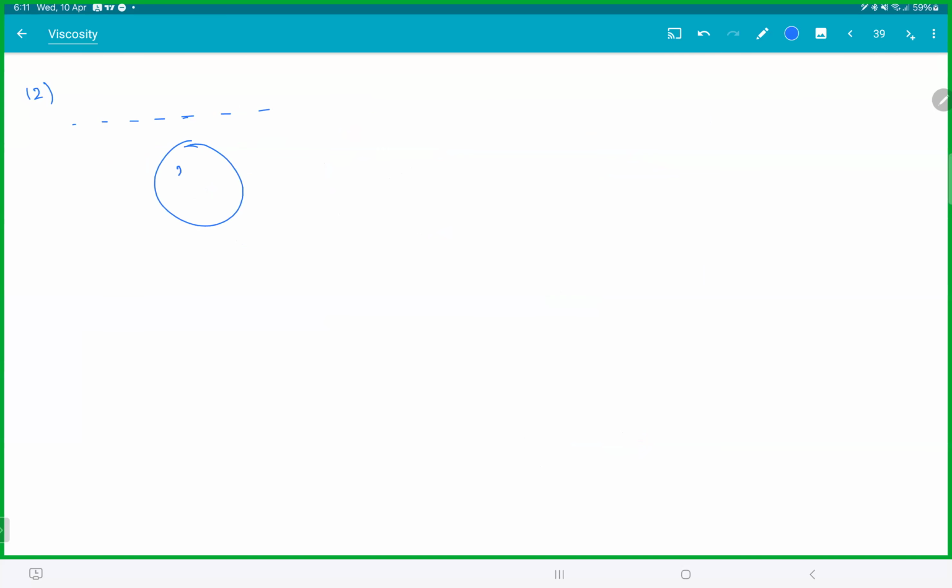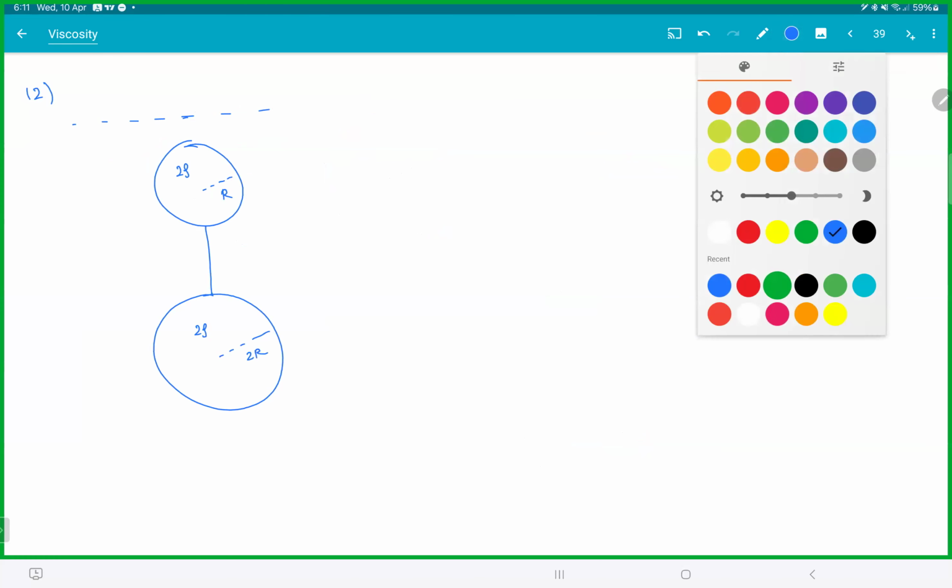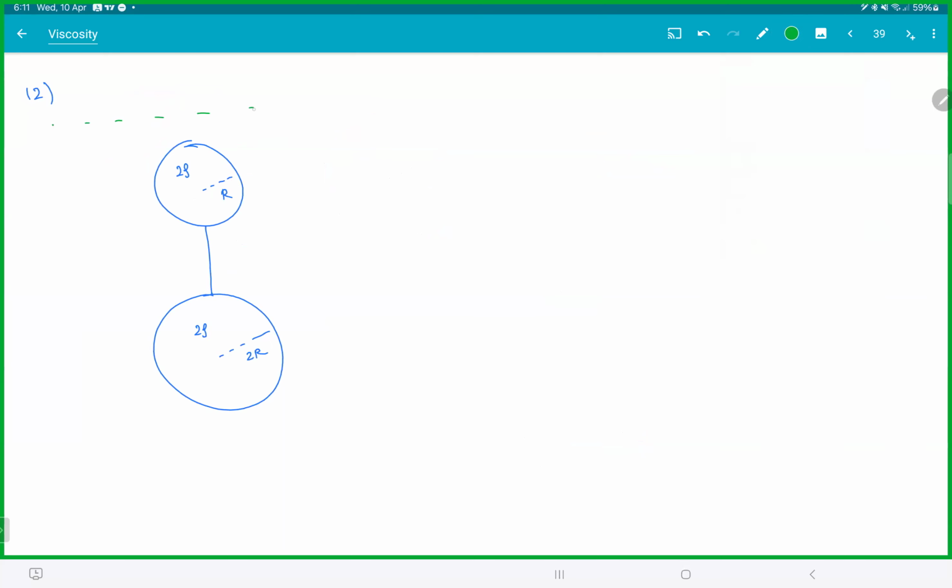So we have a ball here, density 2 rho, radius r. This is connected to another ball here. Density is 2 rho and radius 2r. So this is placed in a liquid. The density of the liquid is rho and viscosity is eta.